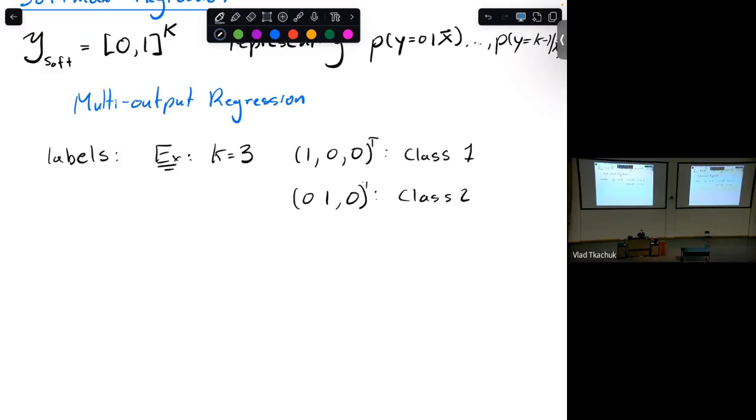These are one-hot vectors that basically have a single one at the corresponding index of where the class is. So that's what your data will look like.